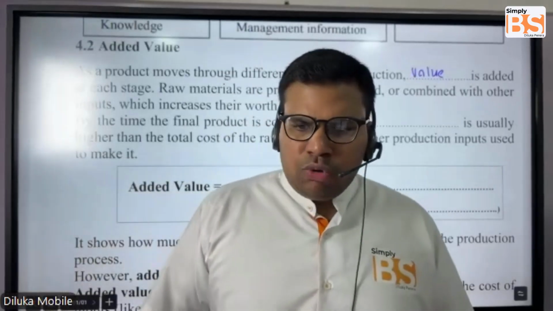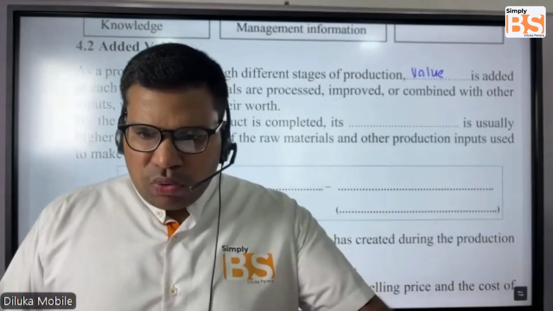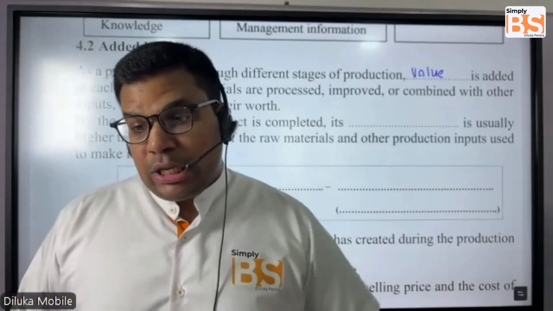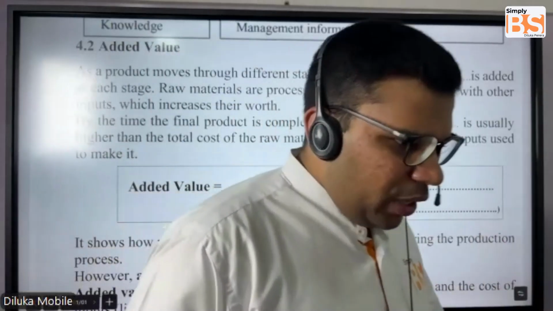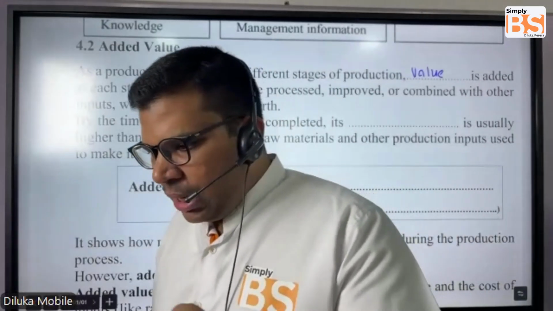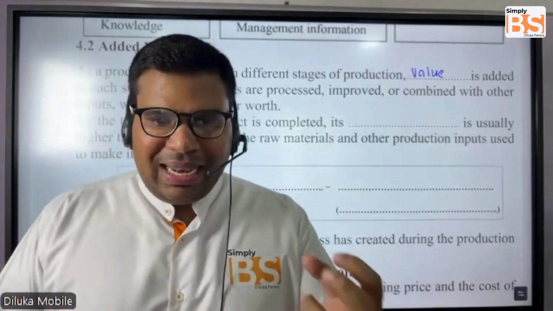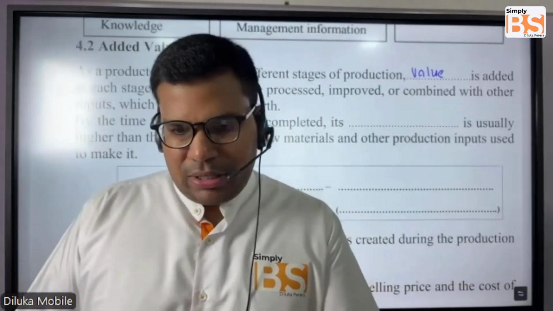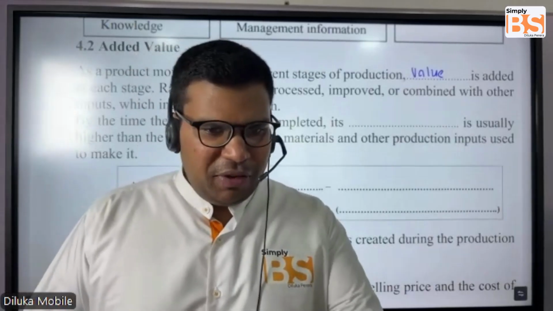Now, students, what does that mean? When the product moves through different stages of production, value is being added. Last week we took the practical example of how tea powder is processed.